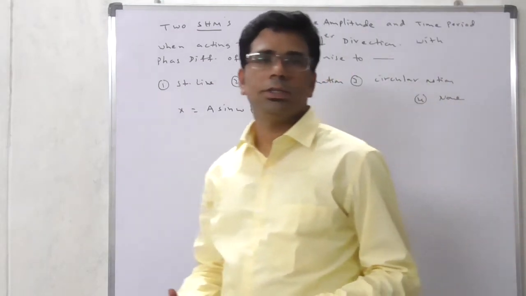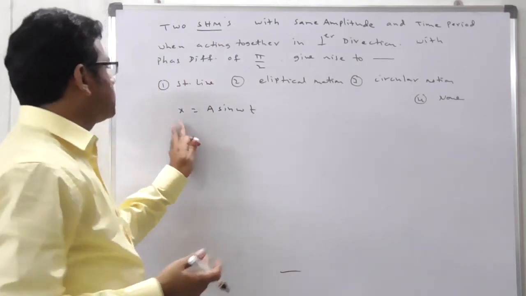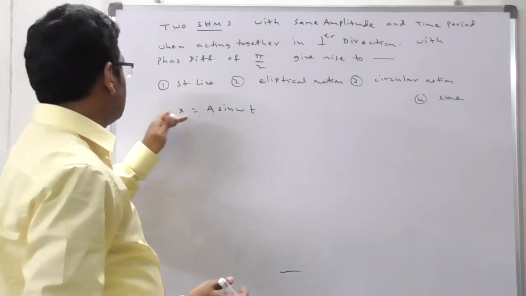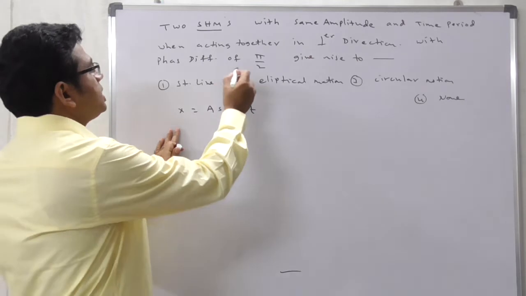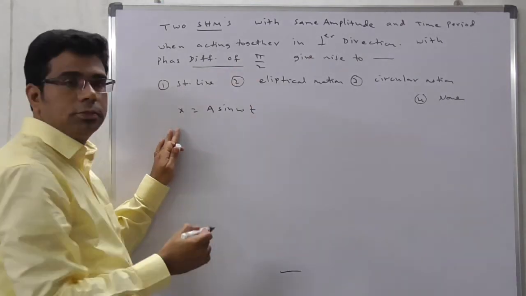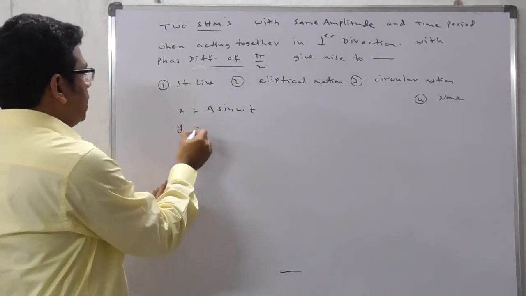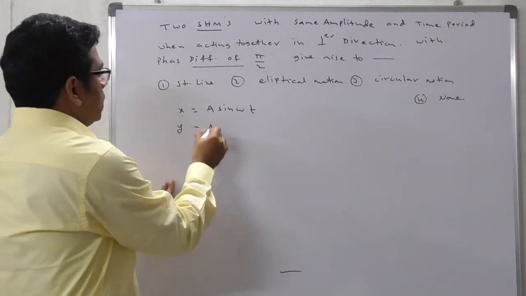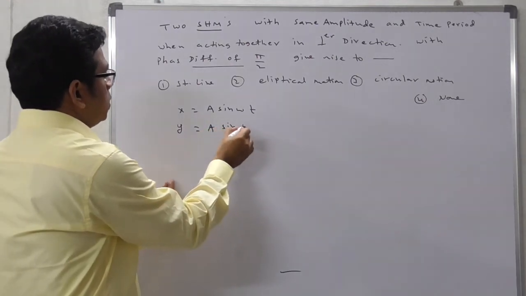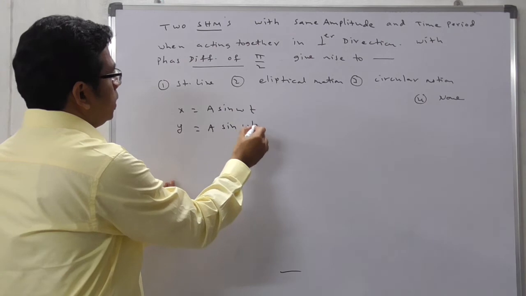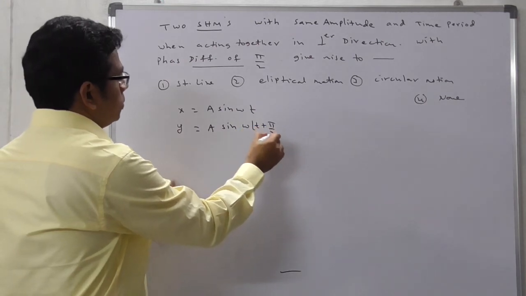Perpendicular means X and Y, simple, right? So X equal A sin omega t. Then perpendicular to this with phase difference of pi by 2, we can write the Y equation as A sin omega t plus pi by 2.